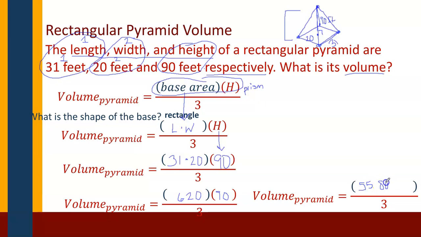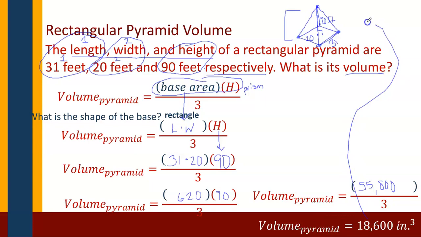That was the product I got when I multiplied 620 and 90. Then I'm going to divide that value by 3, and I get a final answer of 18,600 cubic inches. And this is the volume of our rectangular pyramid.